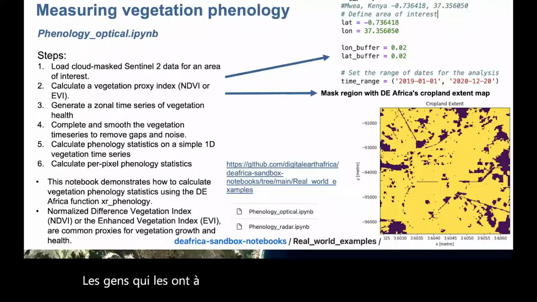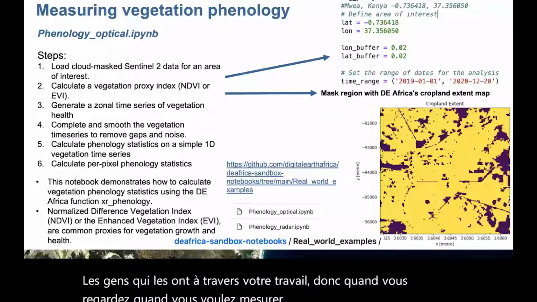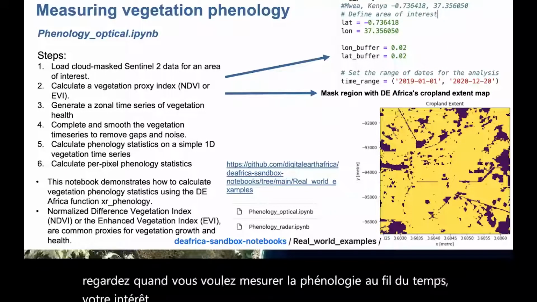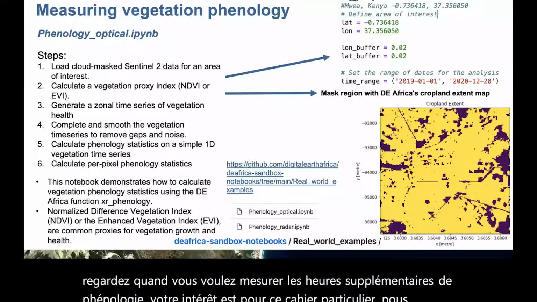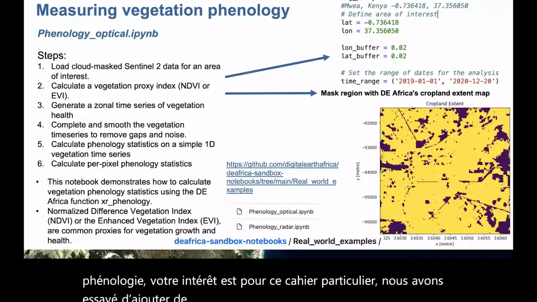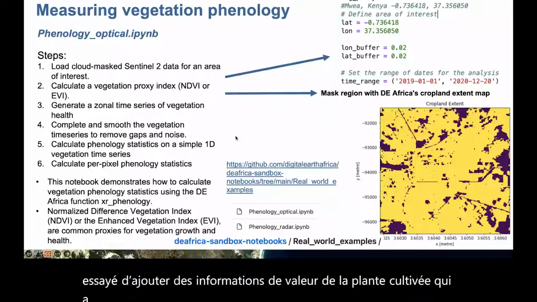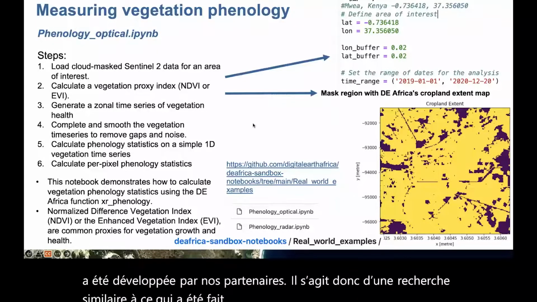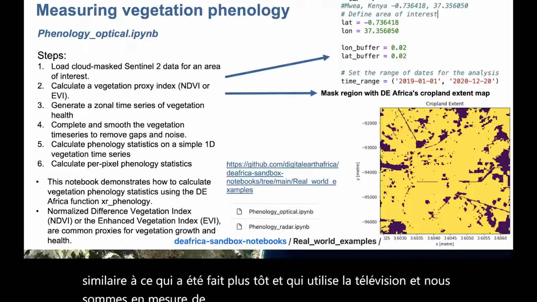When you want to measure the phenology over time, your interest is in this particular notebook. We've tried to add some value information from the cropland data developed by our partners. This is similar to research done earlier, and it's using NDVI or EVI, and we're able to generate very interesting statistics of our area of interest.